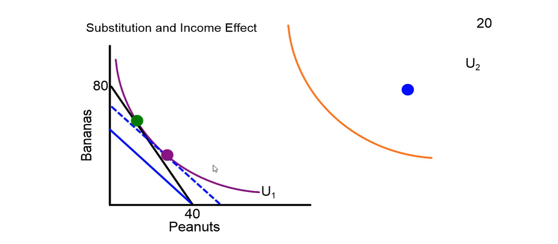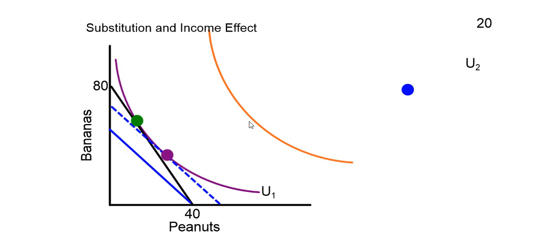Now, the income effect is going to be based on the new budget constraint here, the solid blue line, and we're going to be at a lower indifference curve here. So we're going to put that somewhere in there, I guess. And we're going to say that we're going to keep our peanuts the same. Okay, so we're going to come down from here to here and end up about right there.